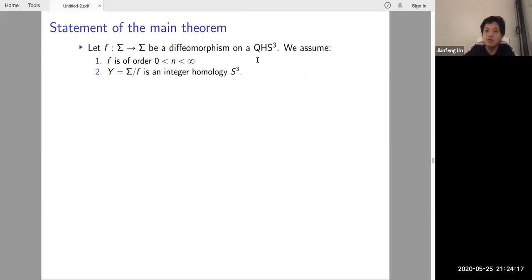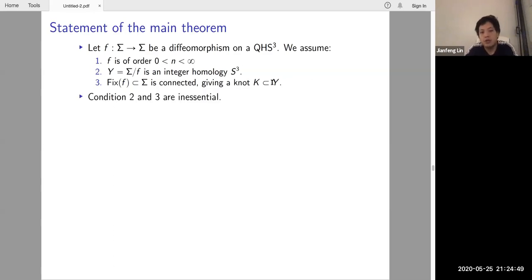Okay, in general, if you just take a finite order self-diffeomorphism on a rational homology three-sphere, you only get a rational homology three-sphere. But to simplify our discussion, we assume the quotient space is an integer homology sphere. And for the third condition, we assume that F has a fixed point set, and the fixed point set is connected. And in particular, this will imply that we are given a knot K inside the quotient space Y.